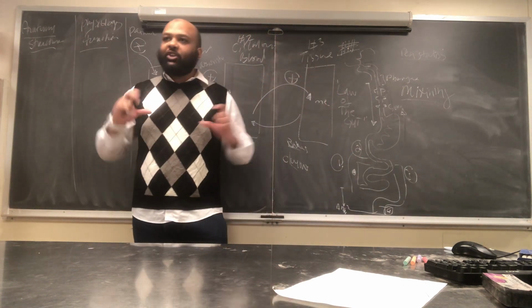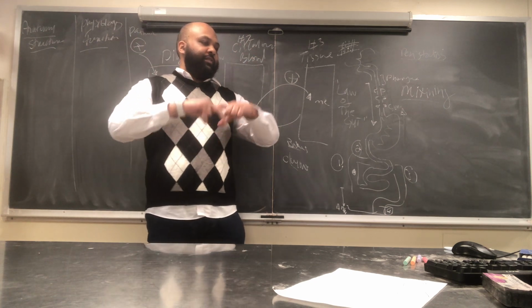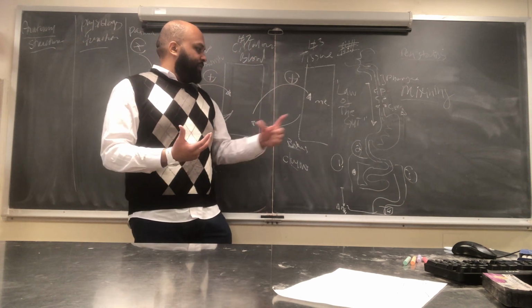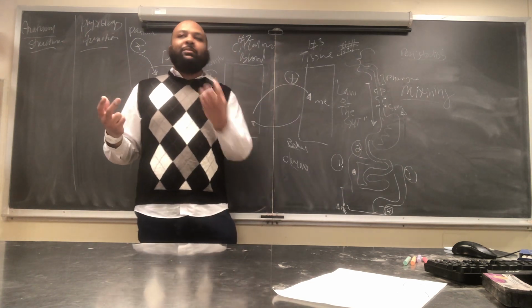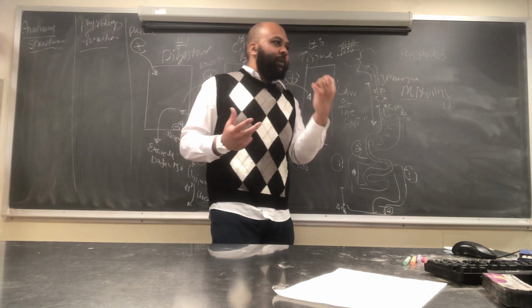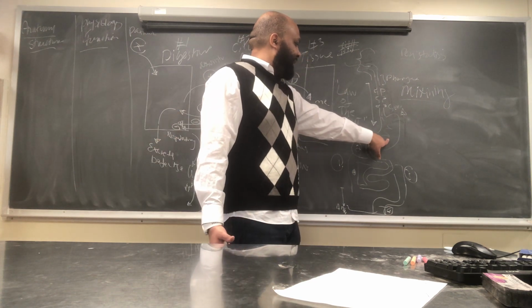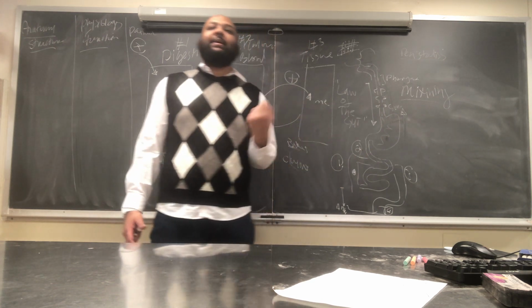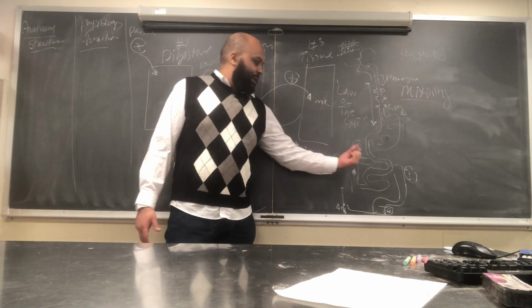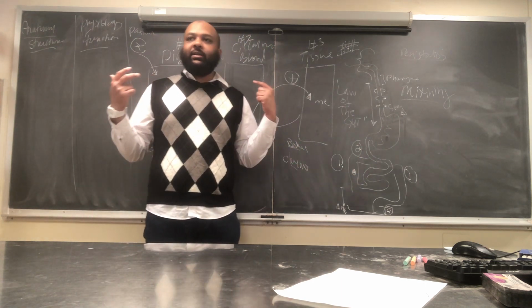The product of the churning and the chopping and all of these hydrolytic enzymes and all of this pepsinogen and all of the acid that's in your stomach, that mushy type of food that just made its way out of the stomach into the duodenum, that is chyme. So this chyme enters the intestine, and a lot of enzymes are being secreted.